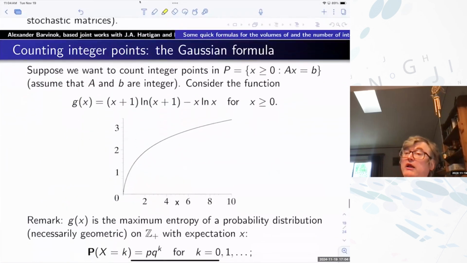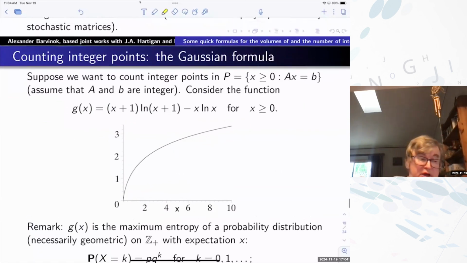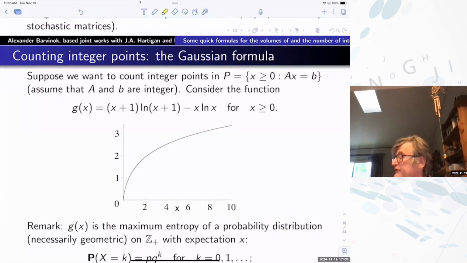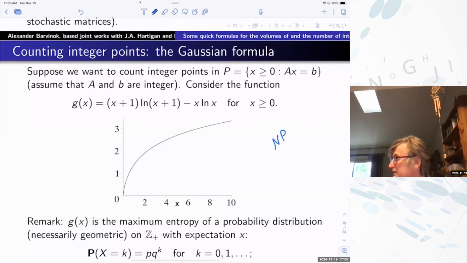Right. So now I'd like to, in the remaining 10 or so minutes, count integer points. That's trickier because we know that even to find if there is an integer point is generally what is called an NP-hard problem, right?